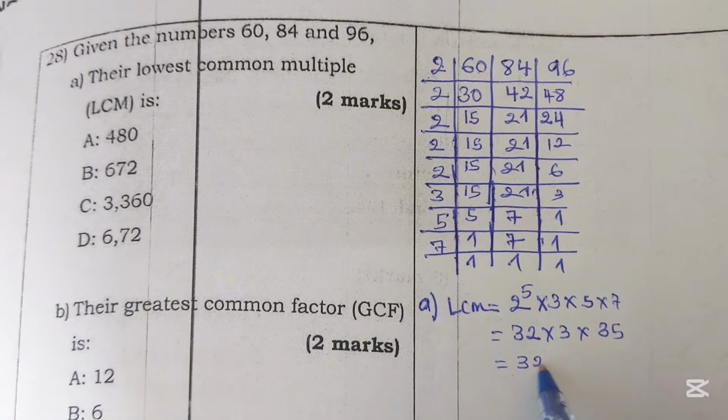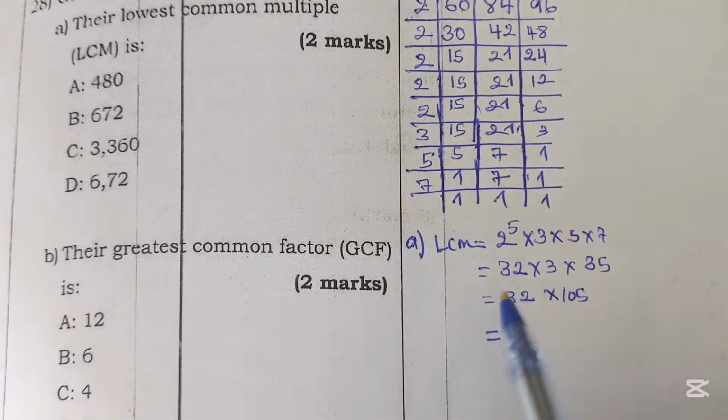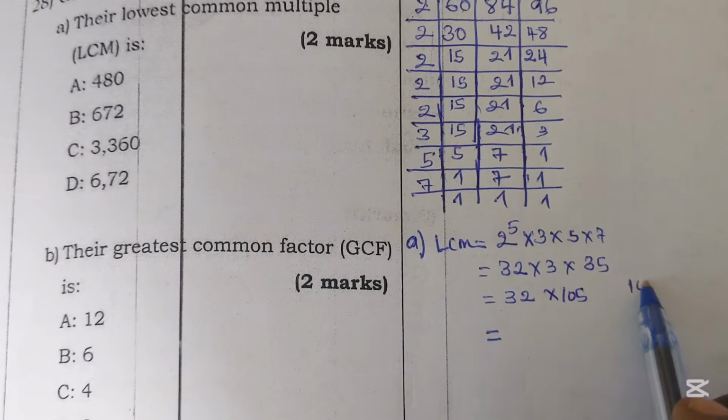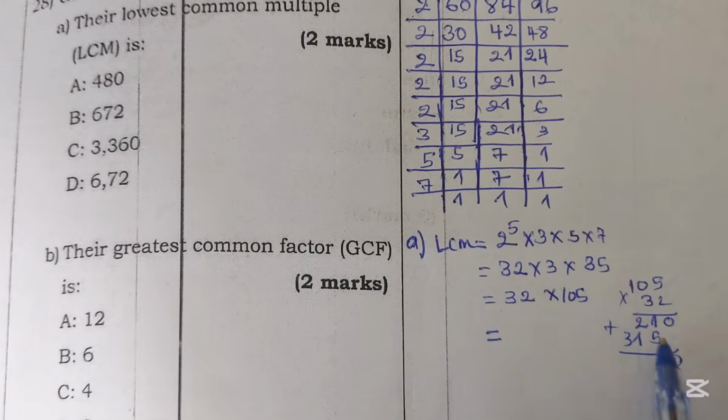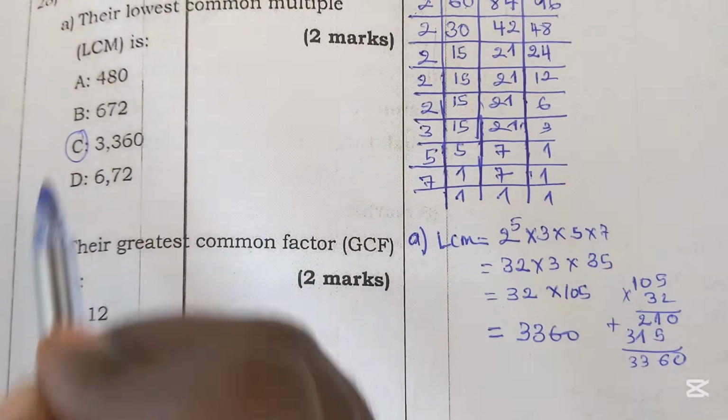This is equal to 32 times 105. Multiplying 105 by 32, we get 3,360. Then the answer will be this.